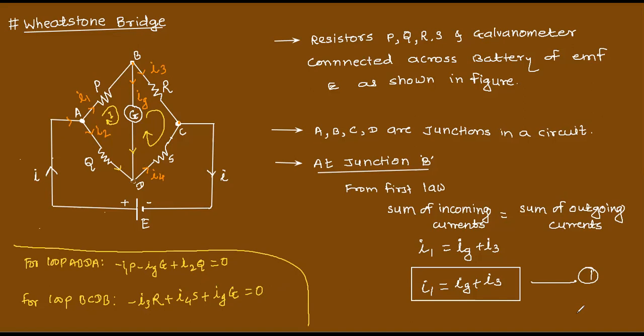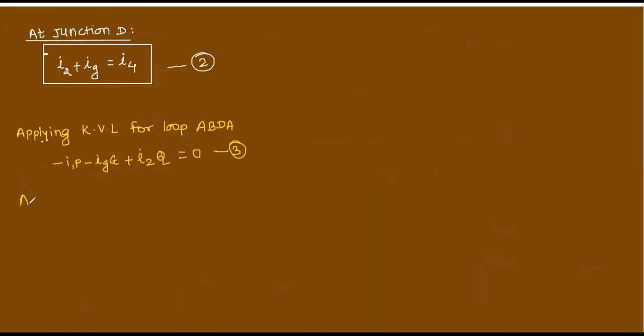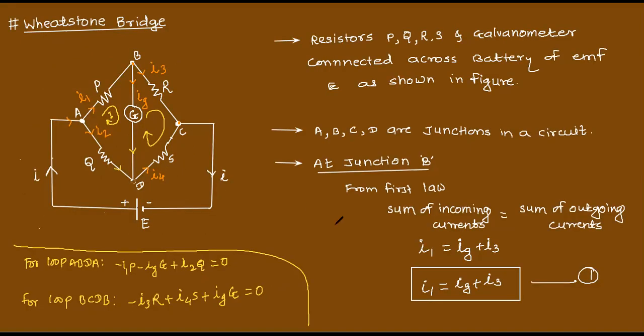So therefore you are getting here, again applying KVL for loop BCDB. What is that?